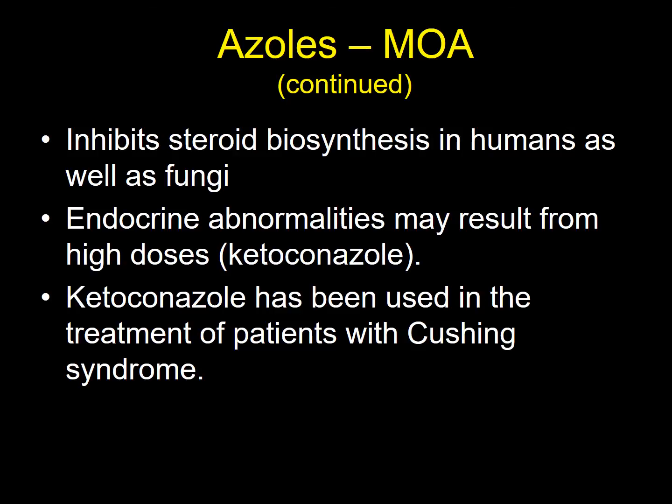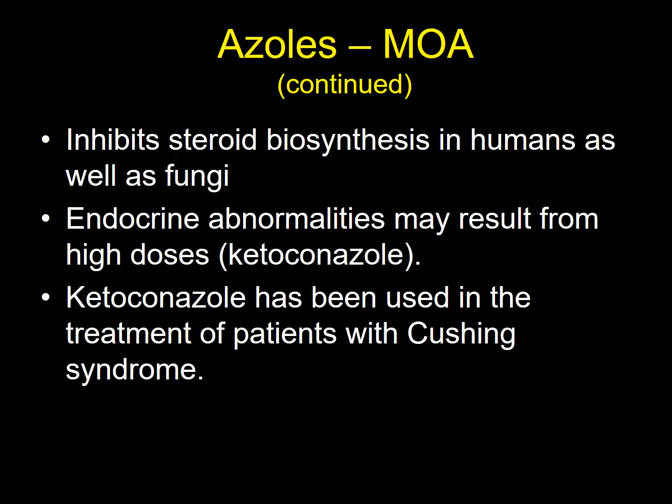Because the problem with the patient with Cushing syndrome is that they have a glucocorticoid excess, a steroid excess. The real treatment for Cushing's is operative, to remove the cause of the excess, but not all patients are operative candidates. And so there is an option for endocrinology to give high doses of ketoconazole to try to interfere with glucocorticoid synthesis to treat Cushing's syndrome.